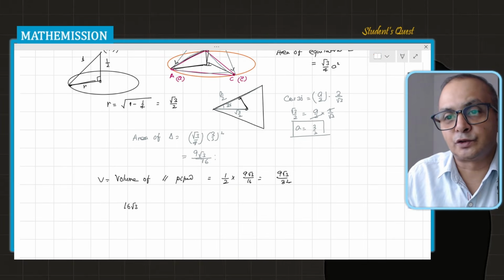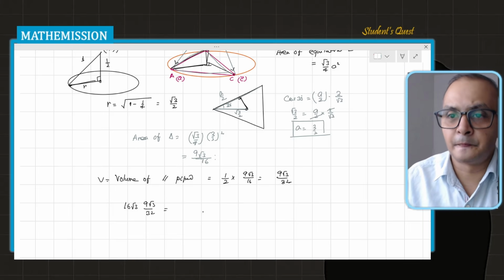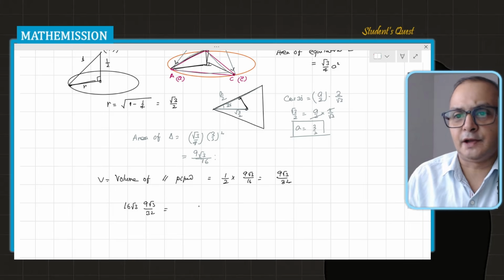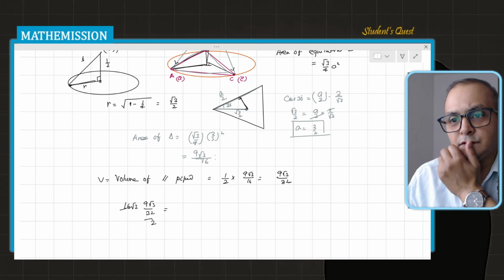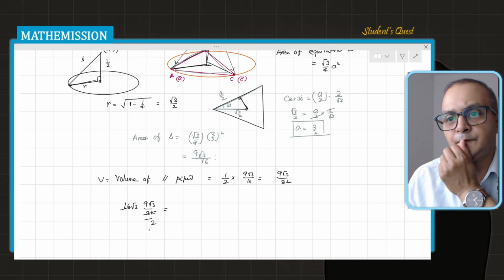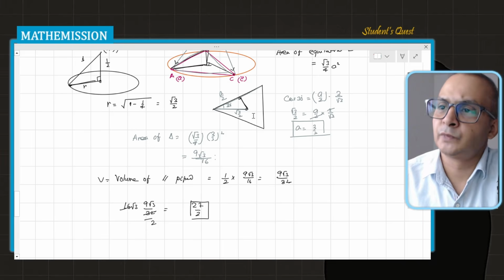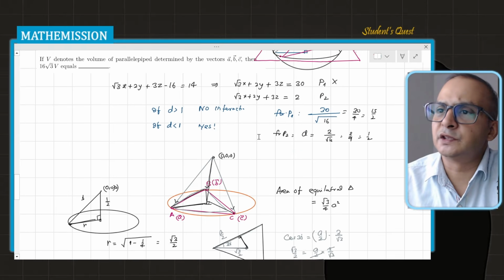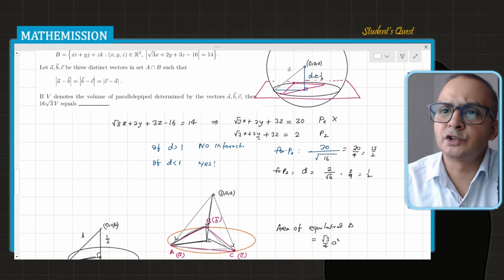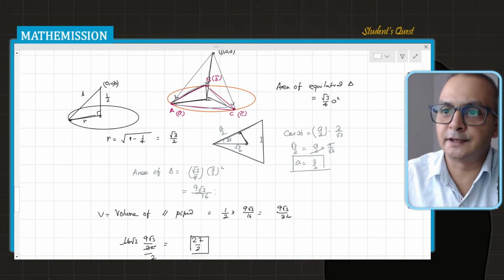So 16 root 3 into 9 root 3 by 32. I'm getting a rational value, that means 16 by 2, and that is 27 by 2, the volume I'm achieving. So this is the question in which we will apply this technique.